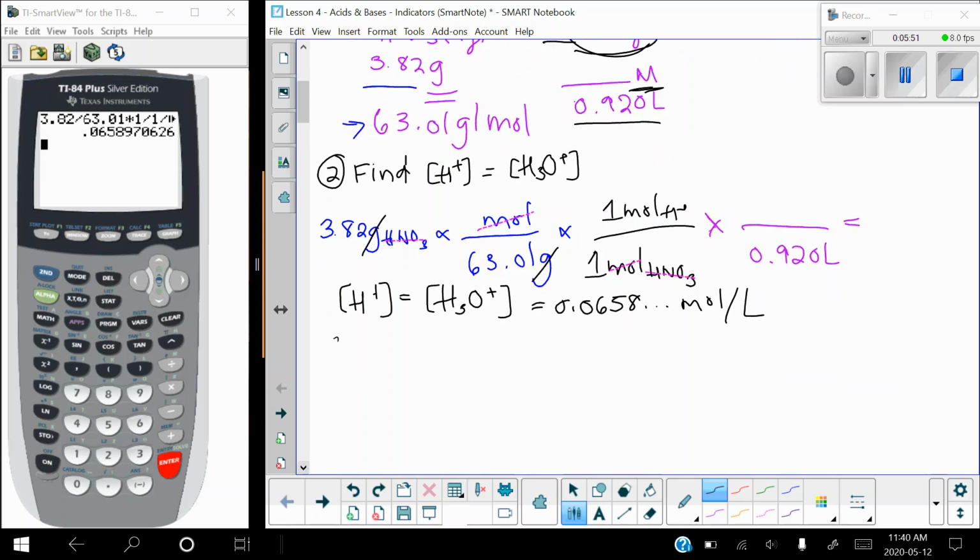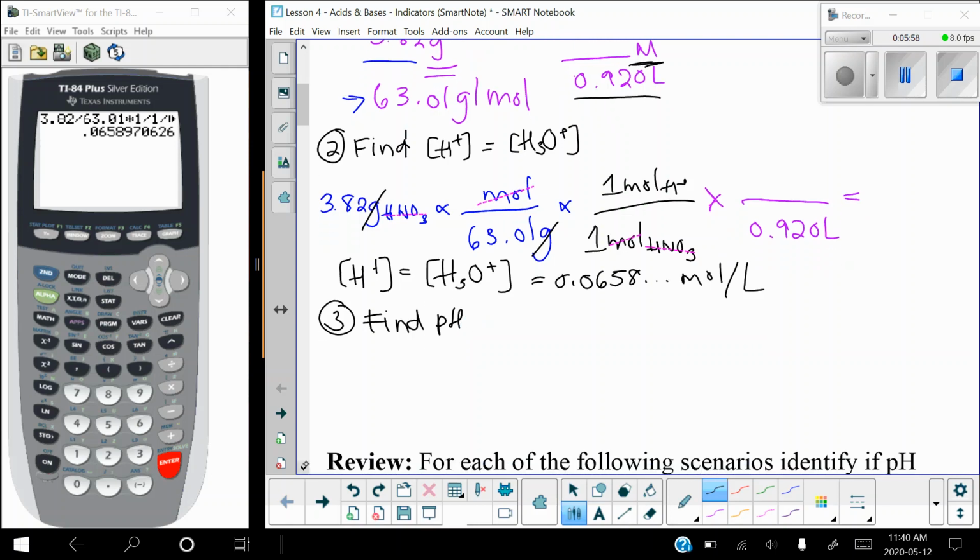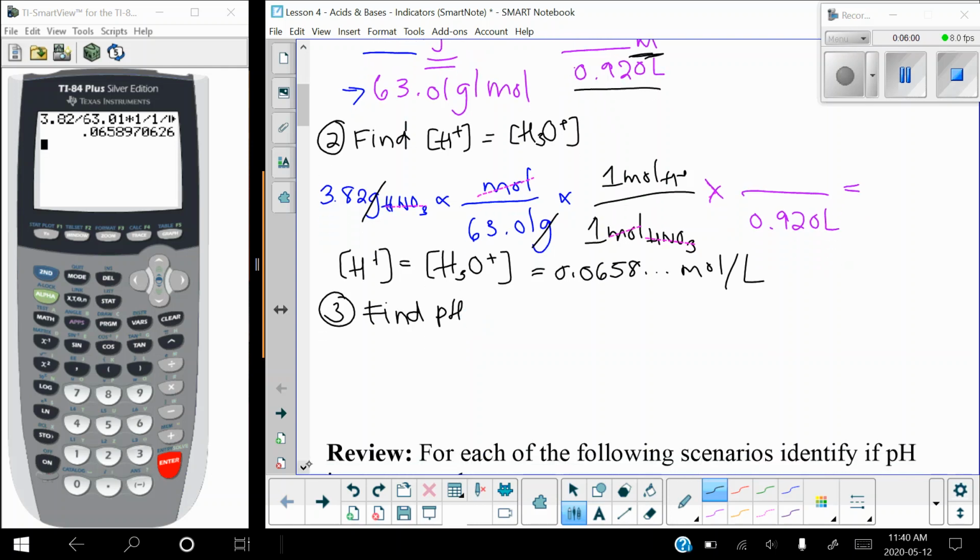The last step is find pH, and we're going to use our flow chart. So I've been given my hydronium concentration, and I can convert that into pH. So I'm going to go negative log. I'm going to take my concentration, 0.0658..., and that's going to give me my pH.